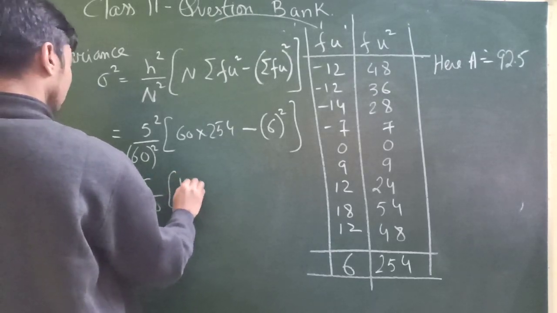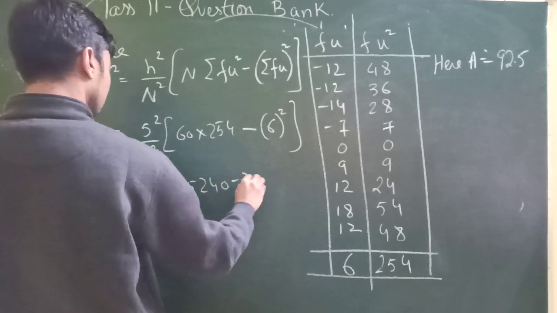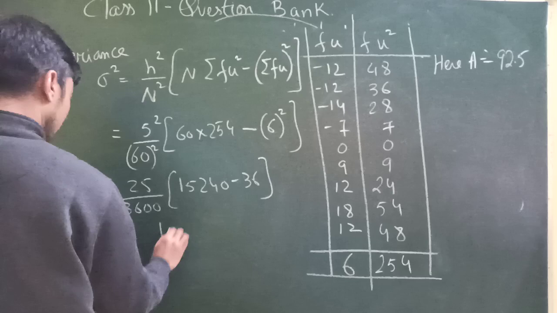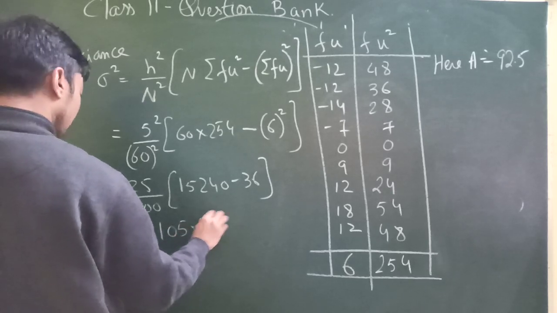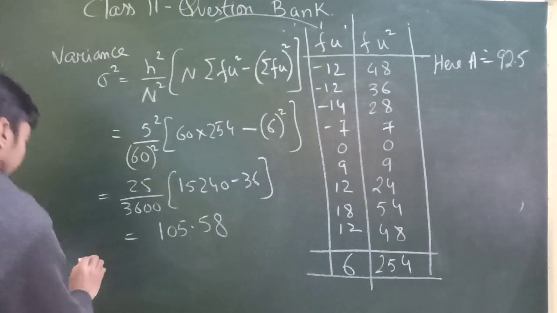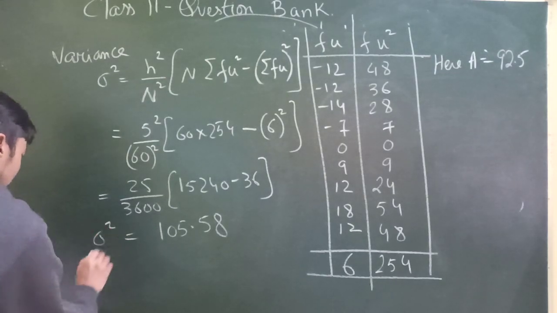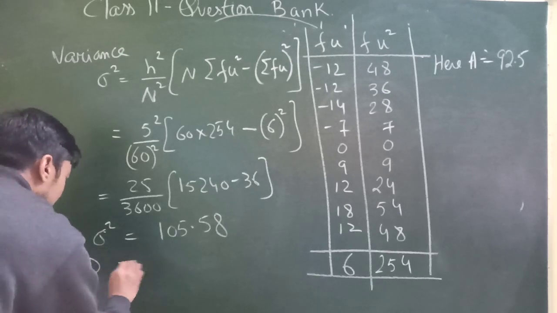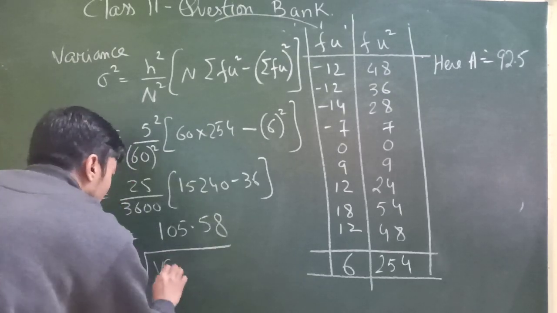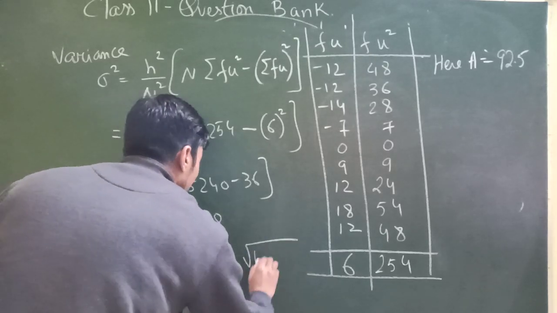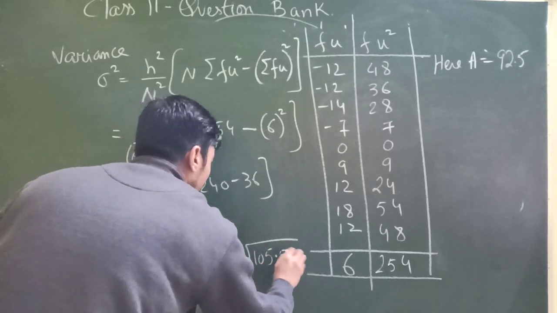So this is 25 by 3600 into 15240 minus 36. After calculation you will be getting 105.58. So that is the variance, sigma square. Standard deviation is not a big deal. It is simply the square root of the variance, the square root of 105.58.